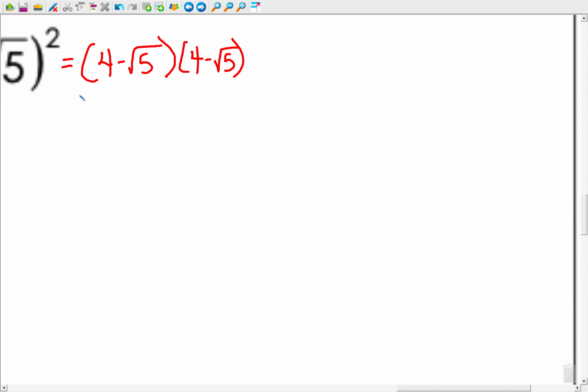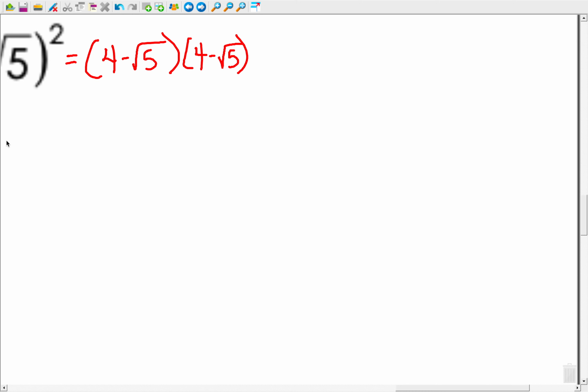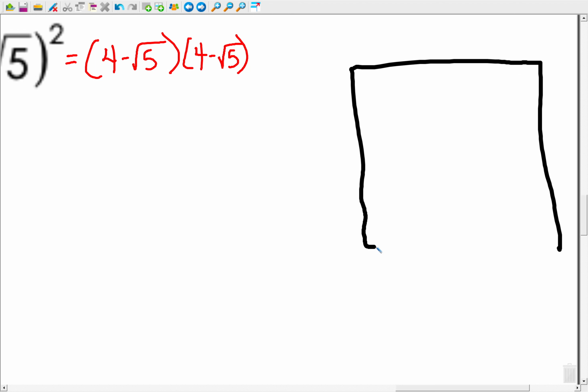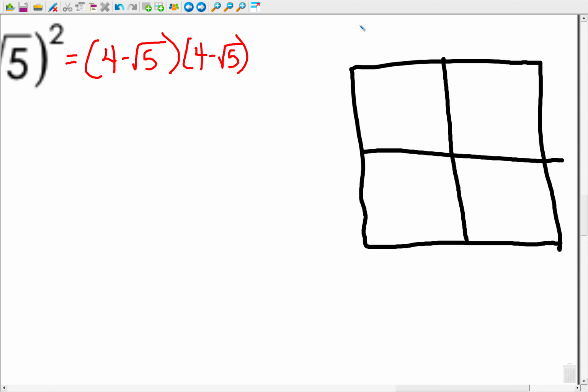Come over to the side and draw your box. On the top, I write 4 minus the square root of 5. And on the side, 4 minus the square root of 5.